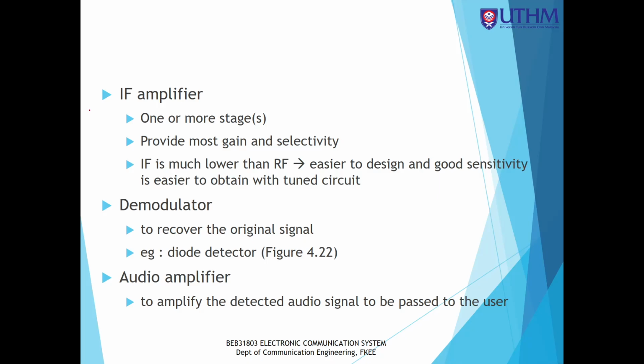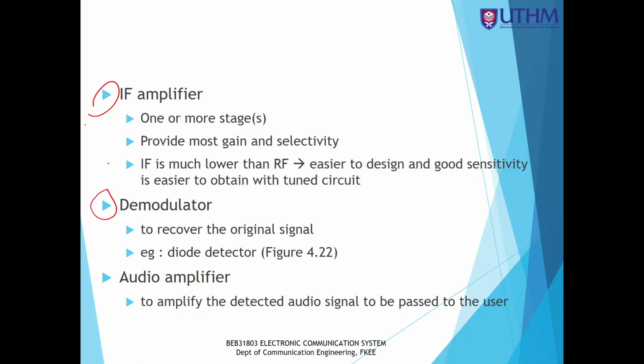The IF section consists of a bandpass filter and also the IF amplifier. The bandpass filter in the IF section will select only a single frequency channel, and then it will go through the IF amplifier to amplify it, so that we can do the demodulation process in the detector section.